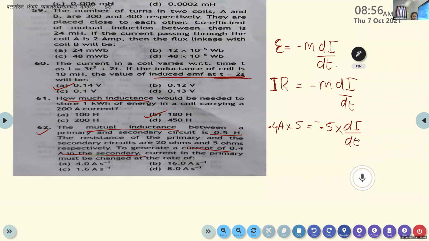That is what we are going to find out, which implies di by dt is equal to 0.4 into 5 divided by 0.5, with a minus sign.